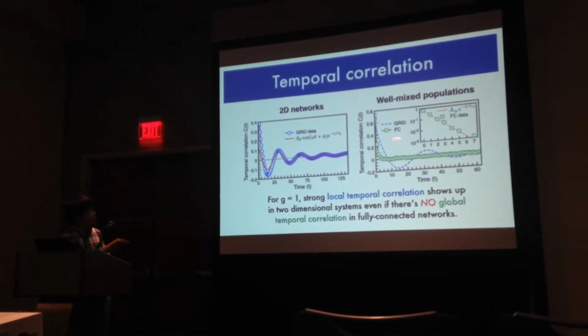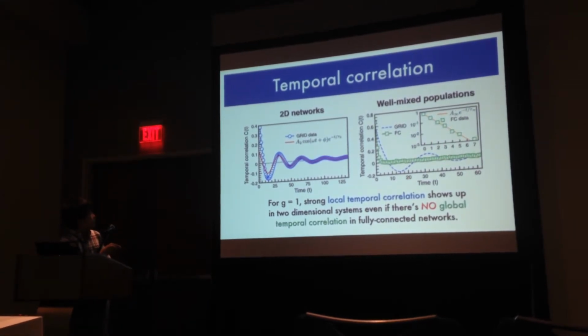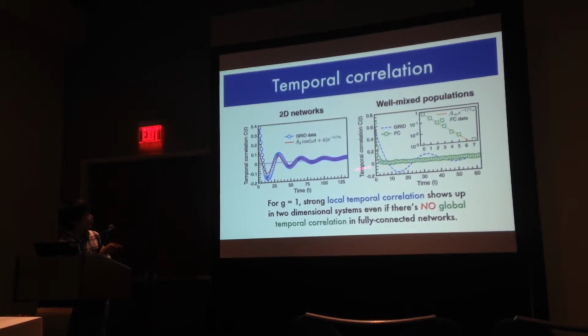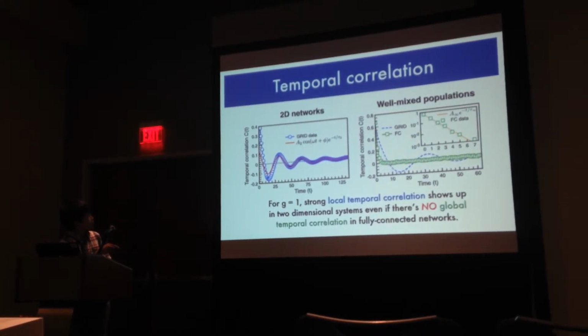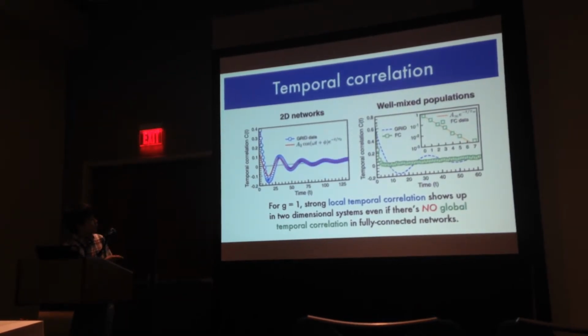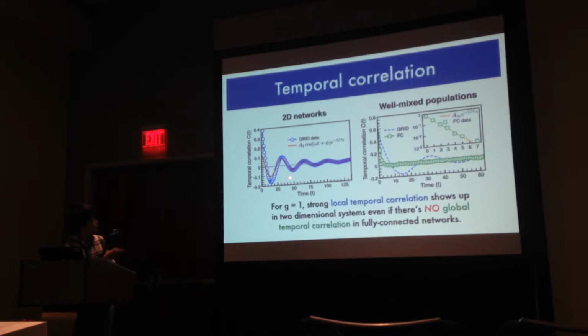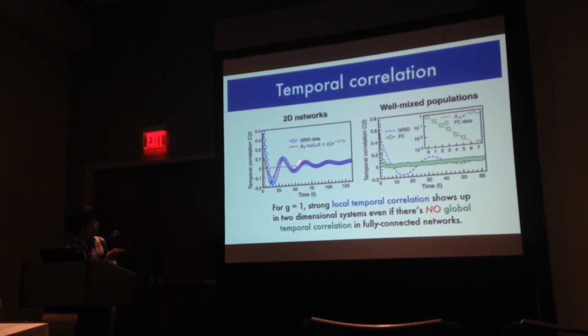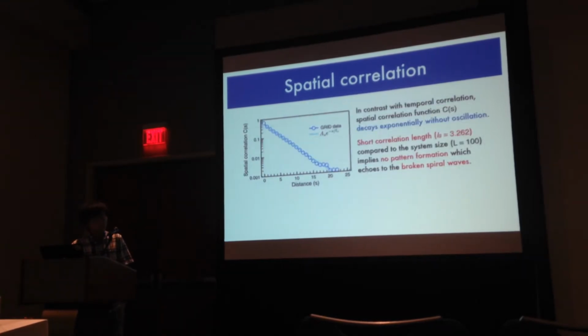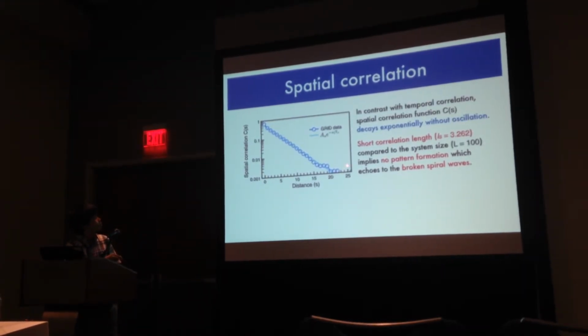Different from the well-mixed case, where the temporal correlation decays right away and there is no oscillation, so the correlation time is quite short compared to the two-dimensional case. Another is the spatial correlation.